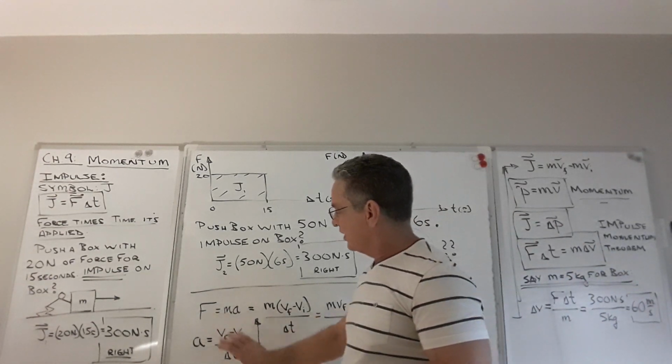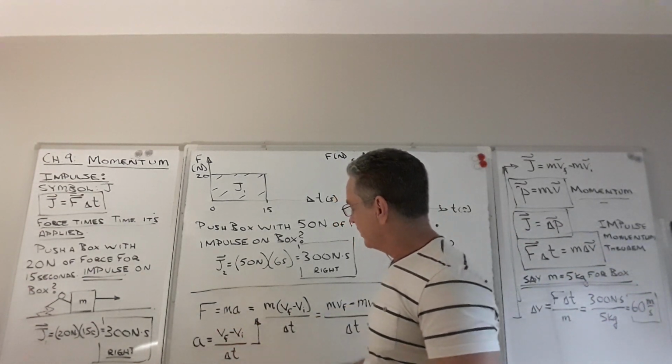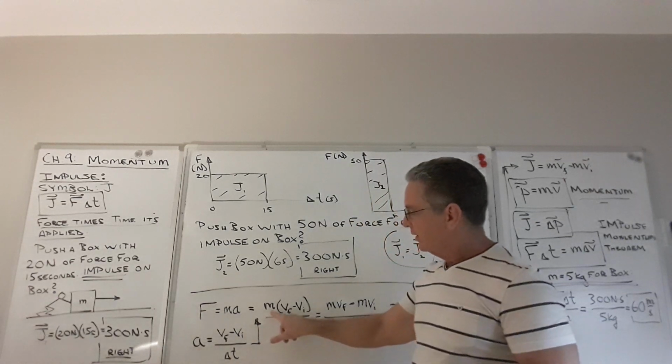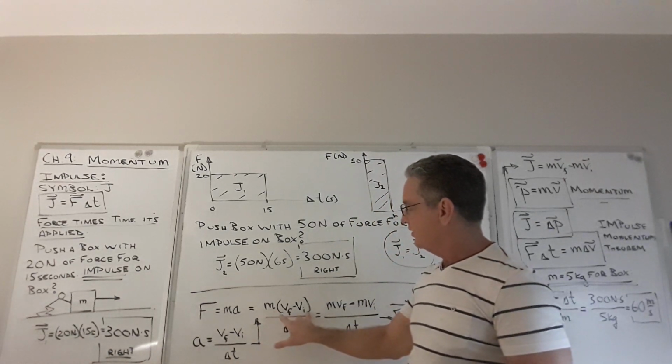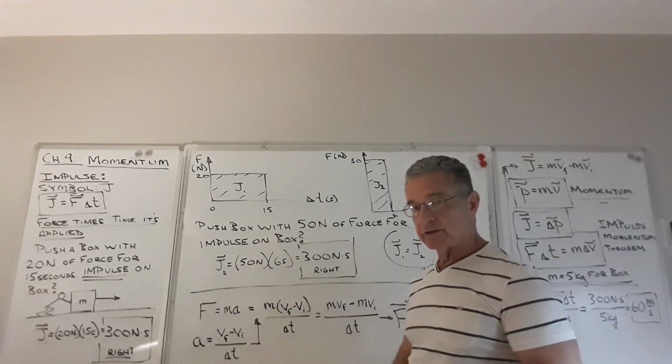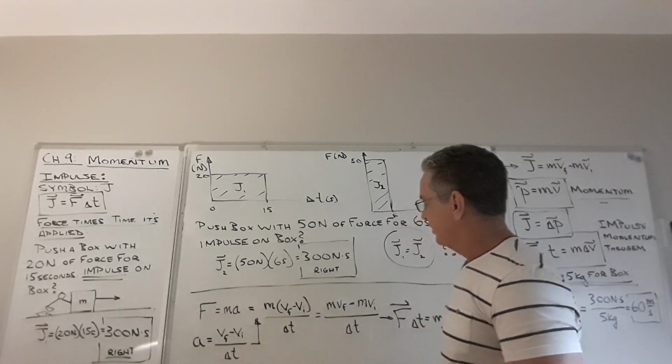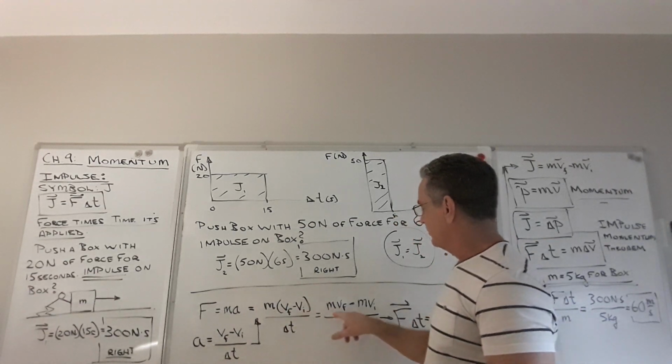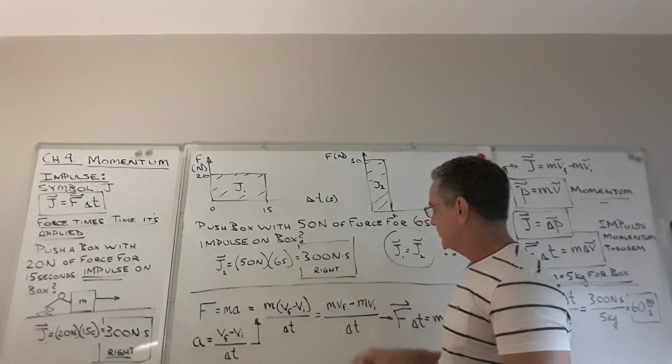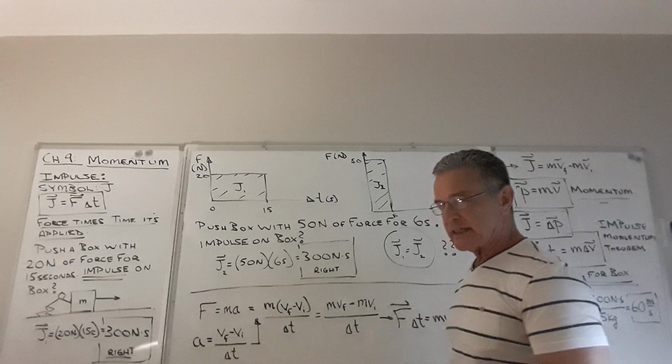So we're going to take this way of representing acceleration, plug in here, and if we do that, we'll get this. m times the quantity V final minus V initial divided by delta t. If we distribute the mass into each one of these velocity factors, then we get m v final minus m v initial divided by delta t.